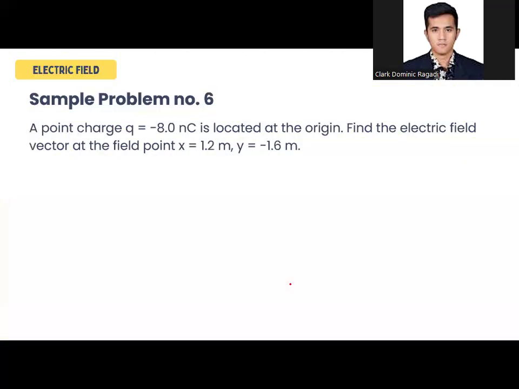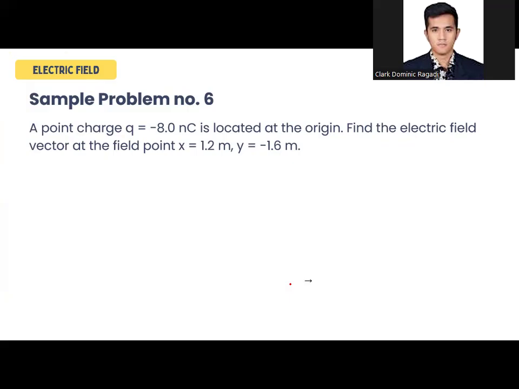So let's try to solve a problem. A point charge Q equal to negative 0.8 nanocoulomb is located at the origin. Find the electric field vector at the field point x equals 1.2 meters, y equals negative 1.6 meters.